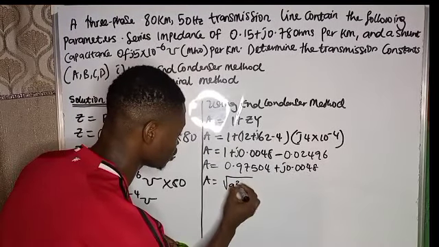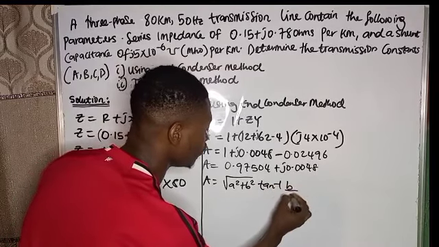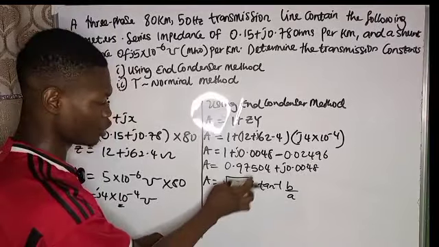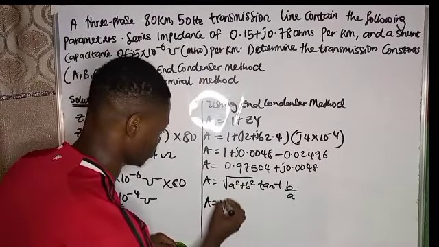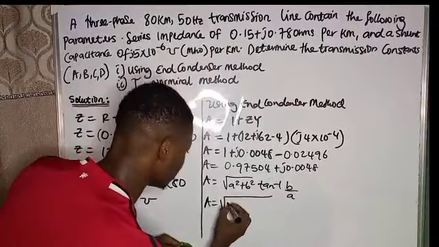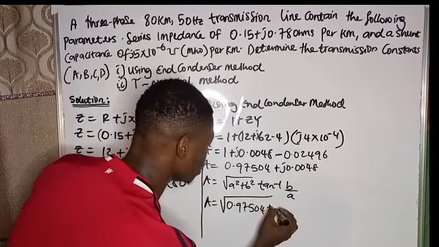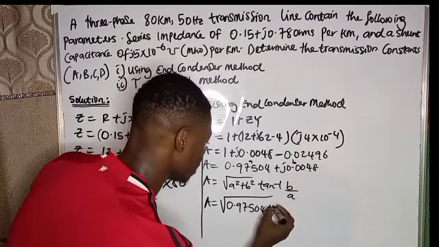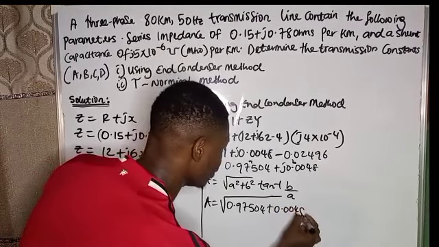Square root of A squared plus B squared, tan inverse of B all over A. So if you plug in, this one will be your A. Okay, let me just do it for this one only. So I'm going to have 0.97504 plus, this is my B. This one is A, B. Then plus 0.0048.